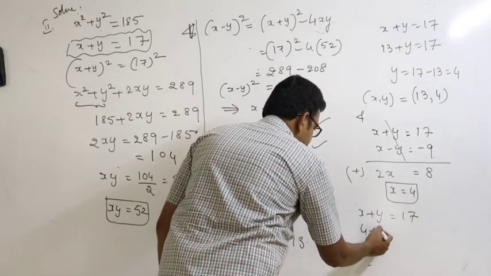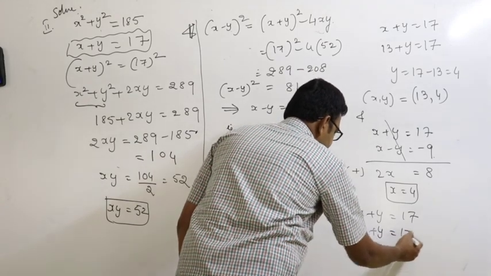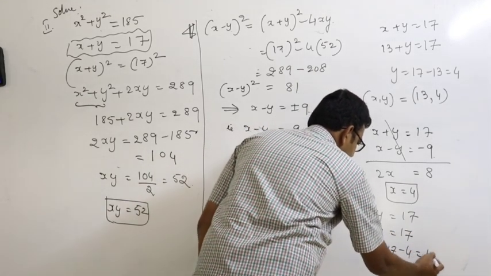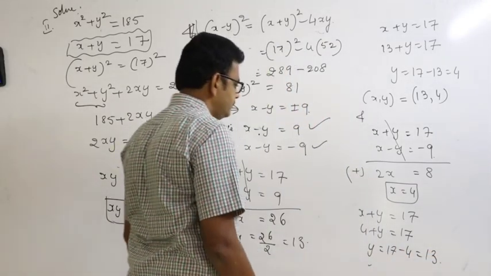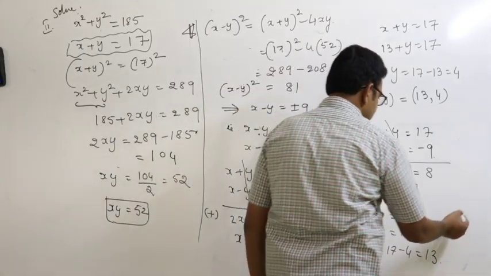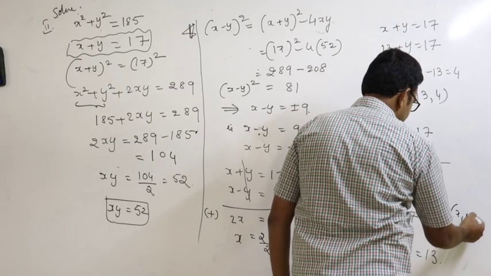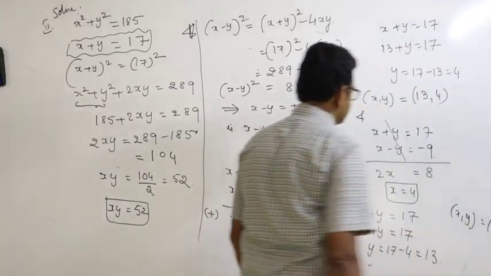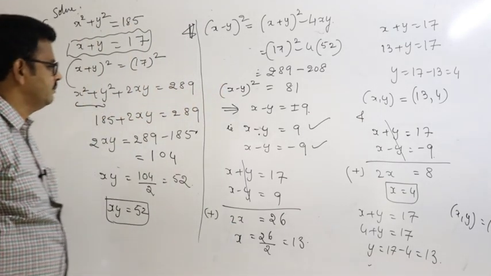So 4 plus y is equal to 17. y is equal to 17 minus 4, that is 13. So in this case x comma y is equal to 4 comma 13.